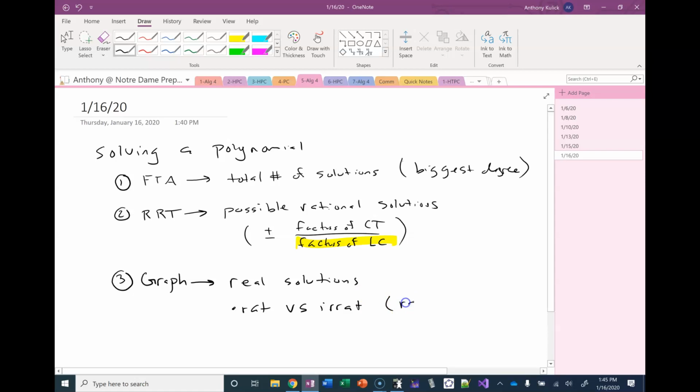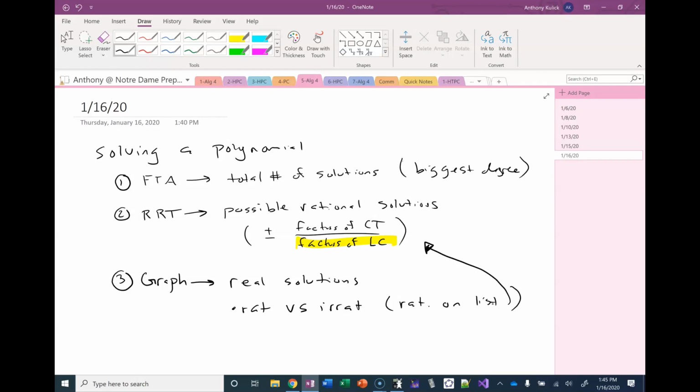Excellent. Okay, so the rational solution should be the ones that you find in that list. If it's not on that list, then it's irrational.